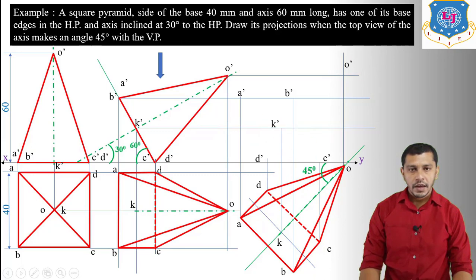Now again, to draw the front view in the third stage, we have to keep 3 points in our mind, because some of the edges in the front view are going to be hidden. So the first point is the outlines of the front view are going to be visible. Second point is the faces which are nearer to the observer are going to be visible in the front view.